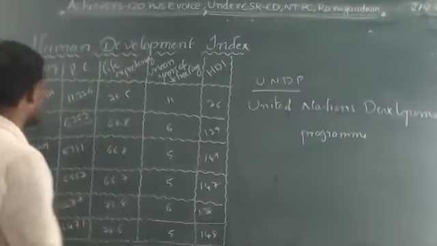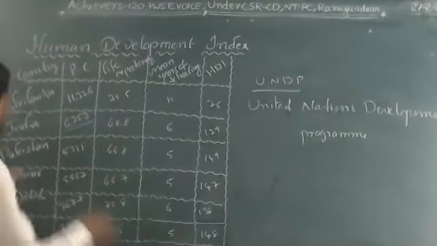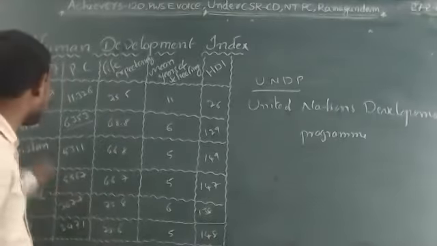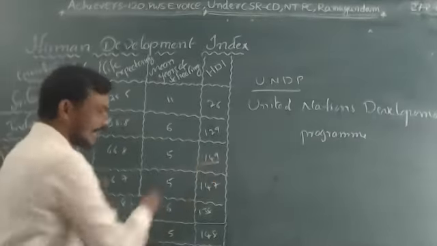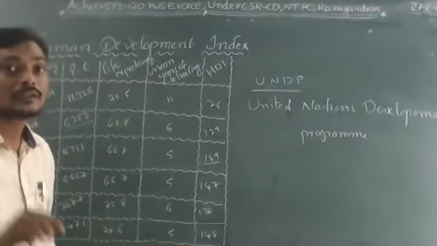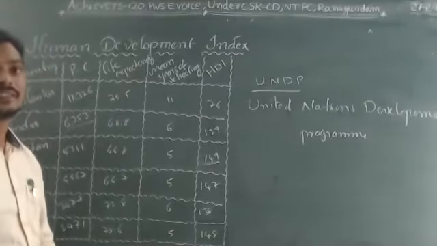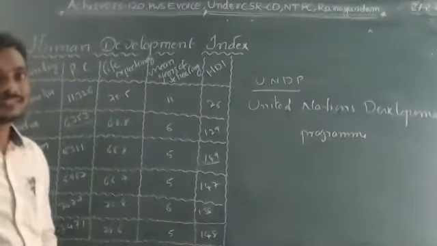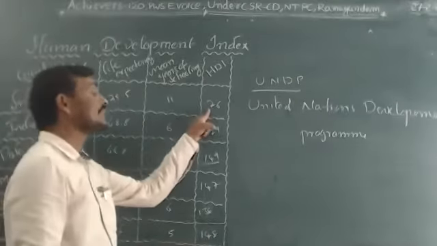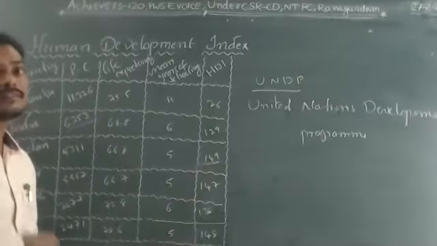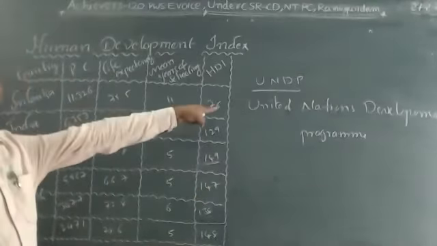You may answer Sri Lanka or you may answer Pakistan. But most of the students make a mistake and answer Pakistan because the number is bigger, isn't it? So don't look at the number here, but see the rank. The lowest number is the higher rank, isn't it? Here, 76th rank is higher than the 149th rank. So what do you answer? Sri Lanka, isn't it?